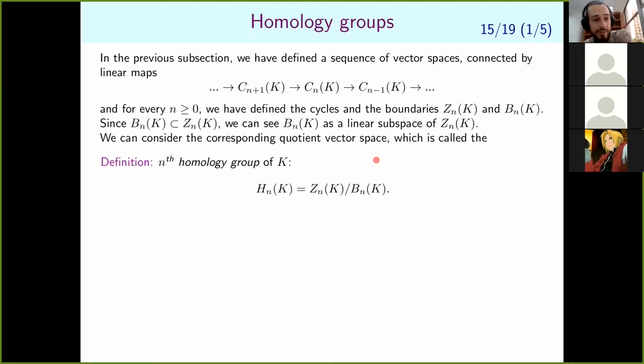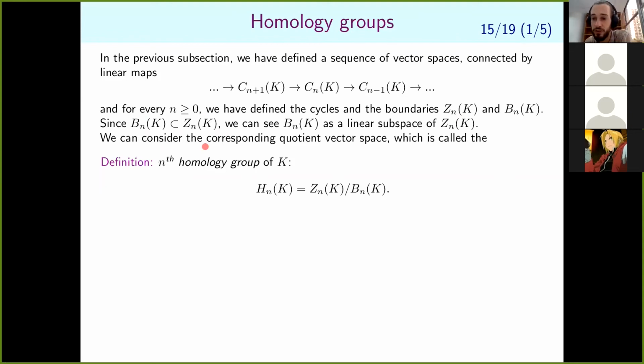And we proved that the set of boundaries is a subset of the cycles. So the boundaries is a linear subspace of the cycles, and I can consider the quotient vector space.